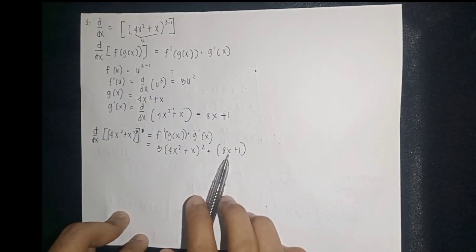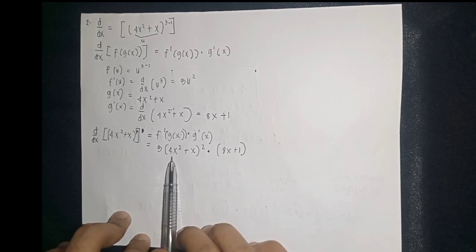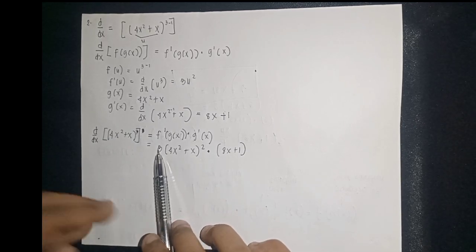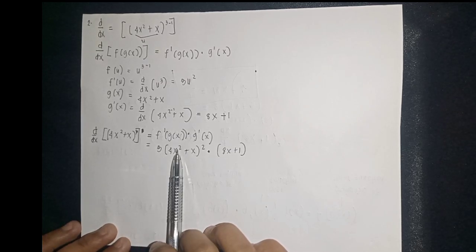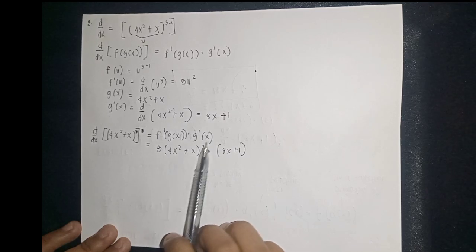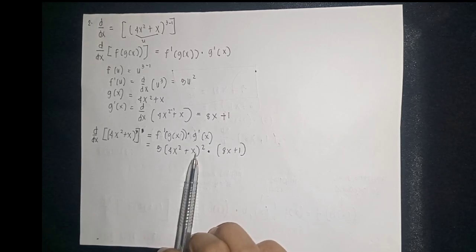So we see here that the 4x squared plus x is squared. So we have to split the function and it will become 2 functions because it is squared.